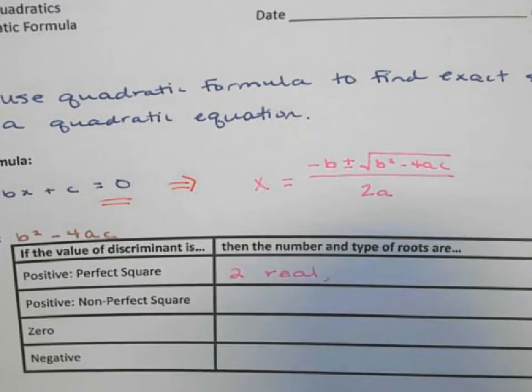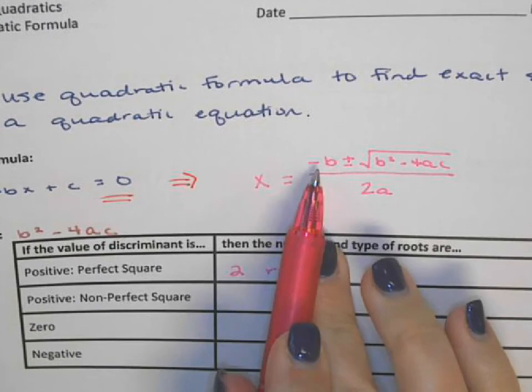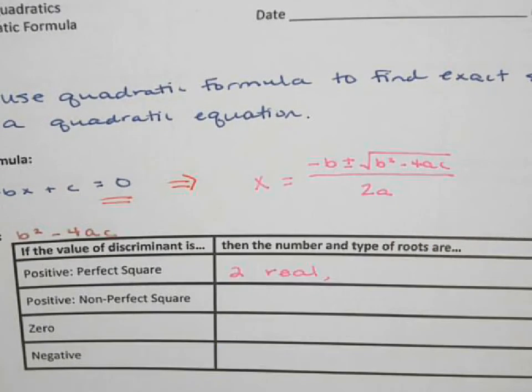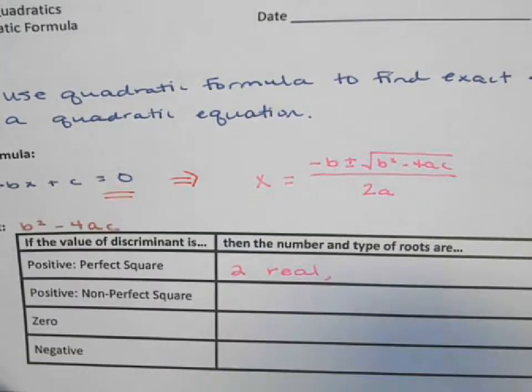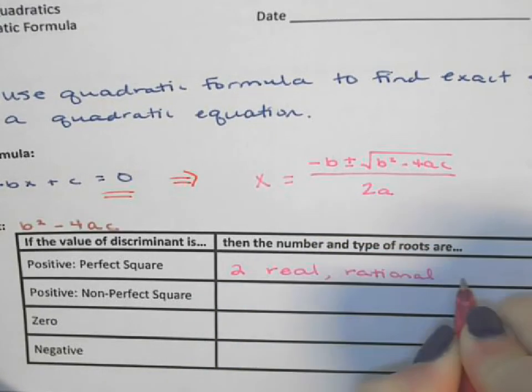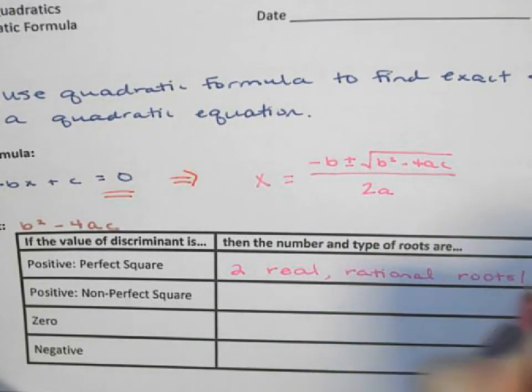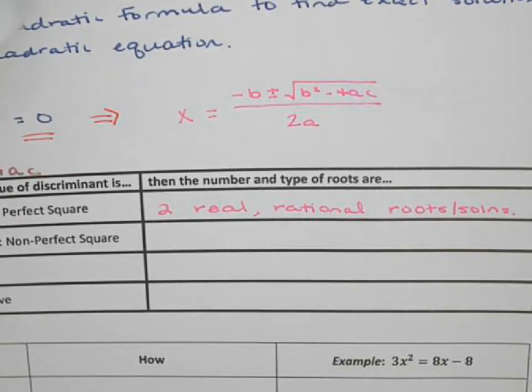And because it'll be a nice integer, when I plug it in, add a number to it, divided by 2 times the number, you're going to get a rational number. It'll be able to be expressed as a fraction. So 2 real rational roots or solutions or zeros, whatever it's asking for.